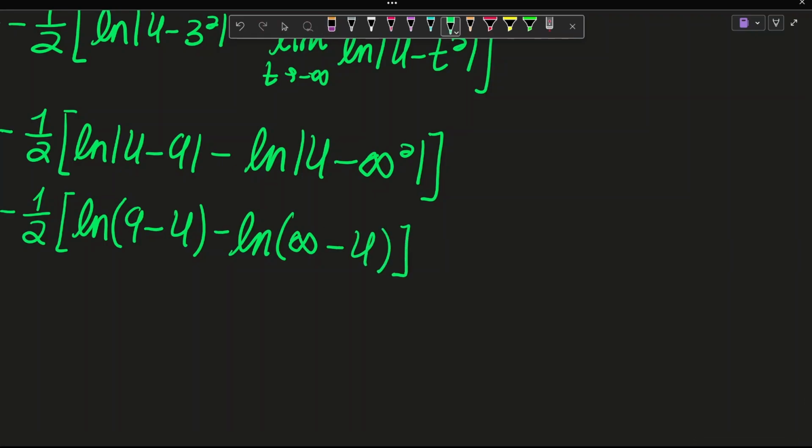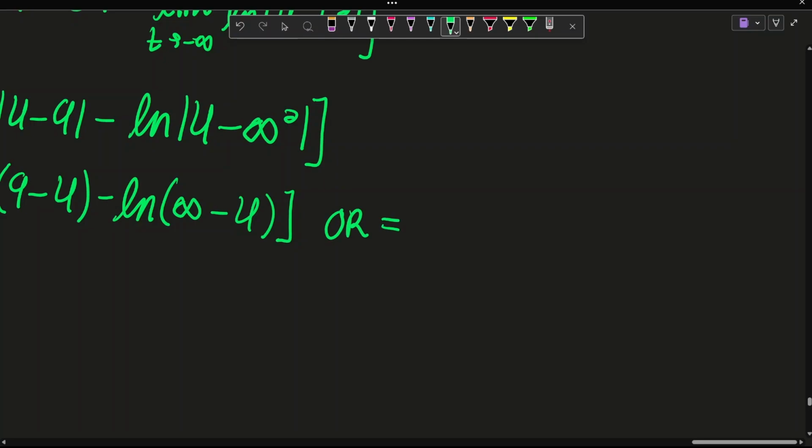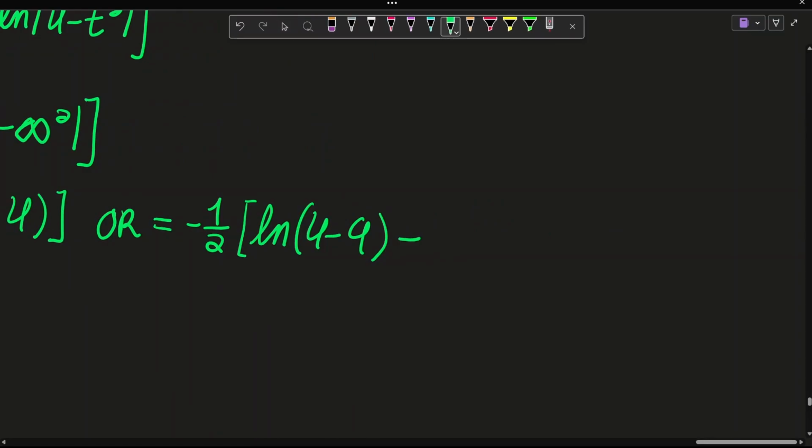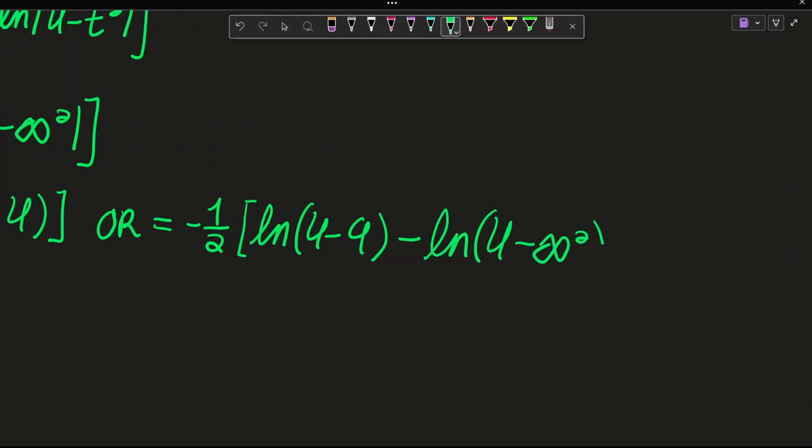Or this is equal to negative 1/2 times the ln of 4 minus 9 minus the ln of 4 minus infinity squared.